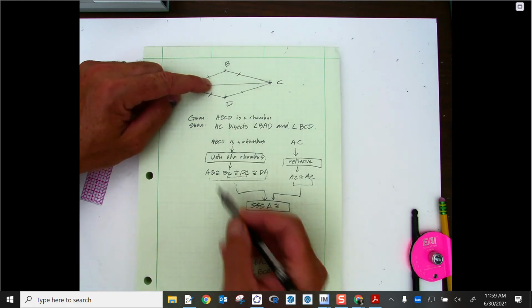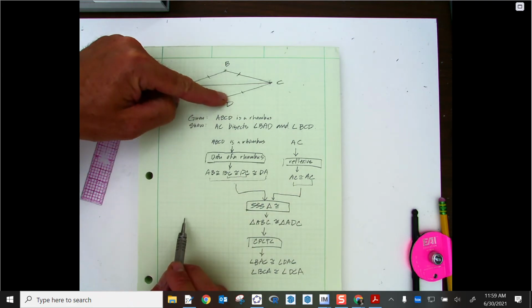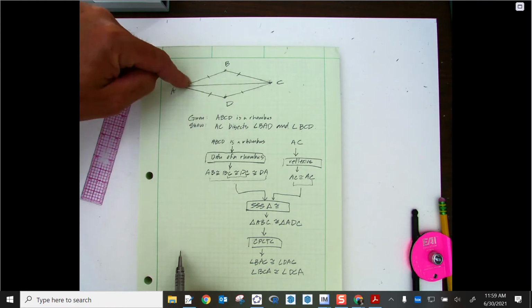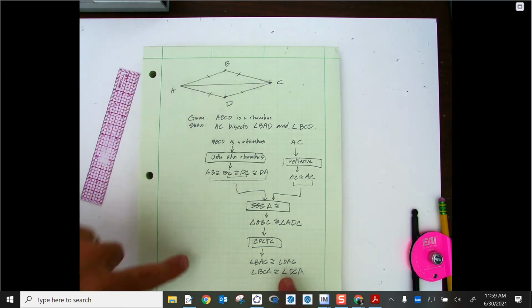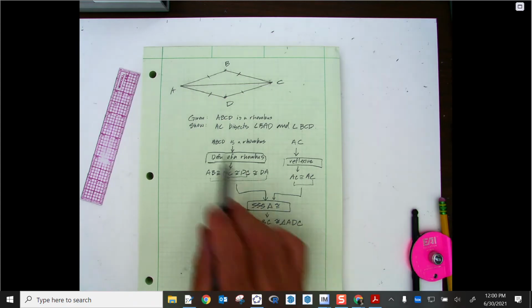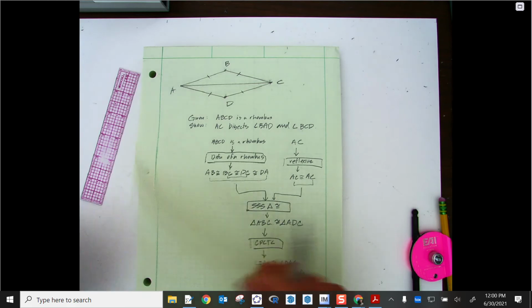So we could have had another branch saying the triangle on top and the triangle on bottom are isosceles, so the base angle theorem says those two angles are congruent. Combining that with this and transitivity would give that all four are congruent. But we're not asked to do that here. We're just asked to show that the diagonal bisects these angles. Okay, let's go ahead and write a paragraph proof for it.